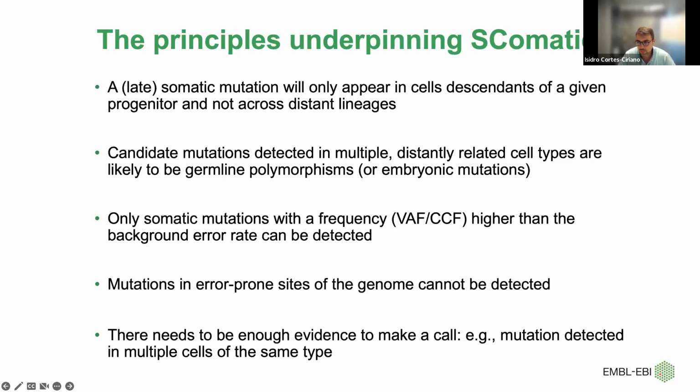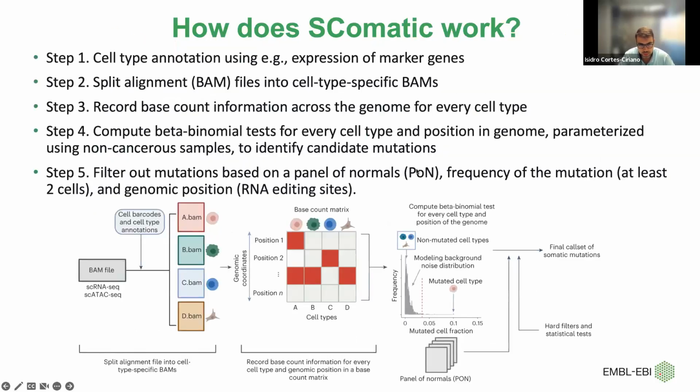For example, we require that at least two single cells have a mutation. Sometimes this will decrease the sensitivity, but we are trying to maximize specificity over sensitivity, to have a highly accurate mutation call set. So these are the principles underpinning the algorithm, and let me walk you through how we've implemented it and how it works in practice.